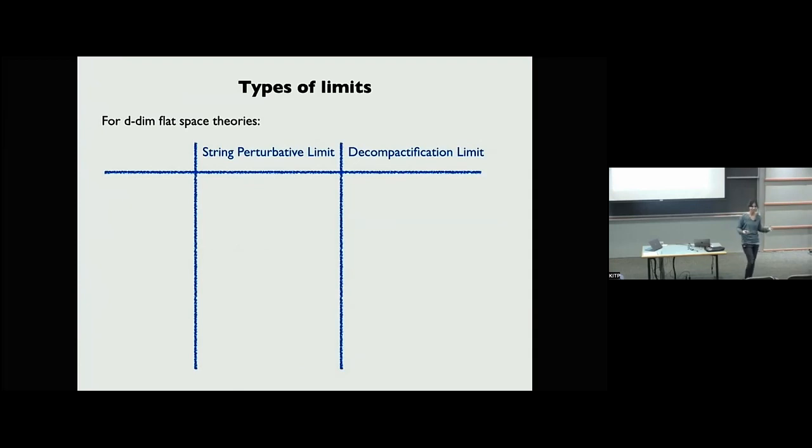Okay, so that's why I was saying that on one hand you would expect that maybe new things appear, but so far all the corners are either one of the two types. And these are the two towers that we typically get. So on one hand you get higher spin string modes, on the other hand you get Kaluza-Klein towers, right?